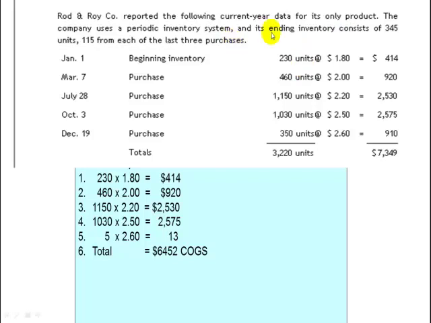I have ending inventory of 345 units, and this is under FIFO. The first thing in is the first thing out.